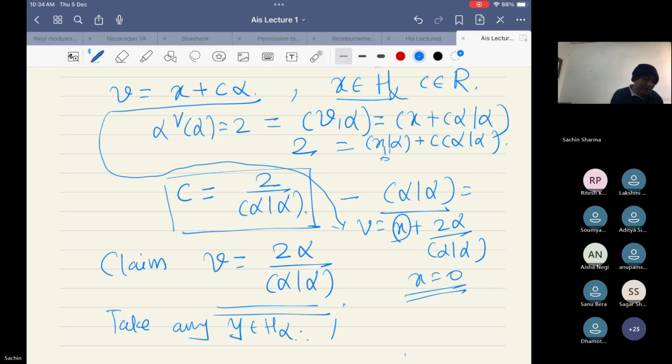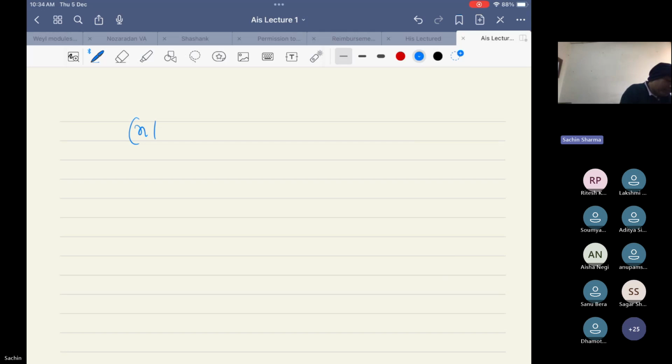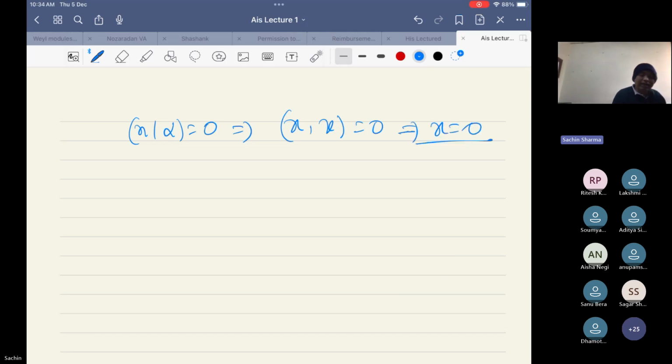You have alpha check of y is nothing but (X plus C alpha, y). This is equal to (X, y), as C alpha is twice alpha by (alpha, alpha), and the second part is 0. So (X, y) is equal to 0 for all y belonging to H alpha. And similarly, (X, alpha) is equal to 0. That implies that X with all V is equal to 0. So by non-degeneracy, X is equal to 0. Yeah, is it clear?